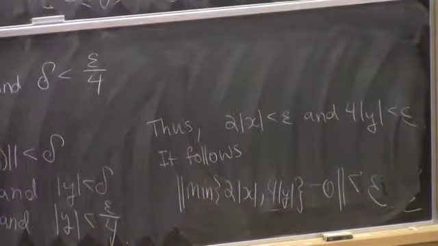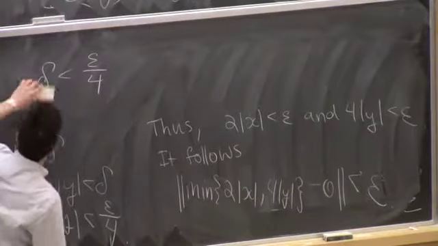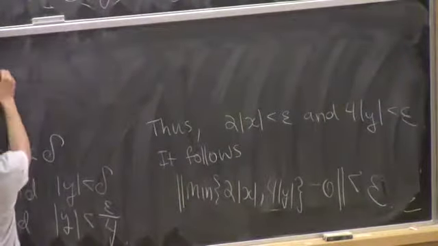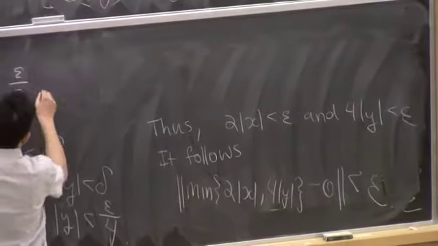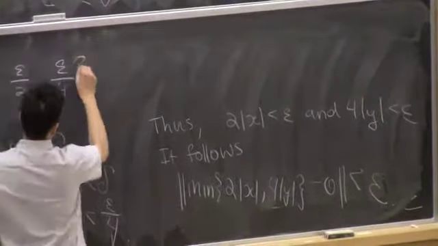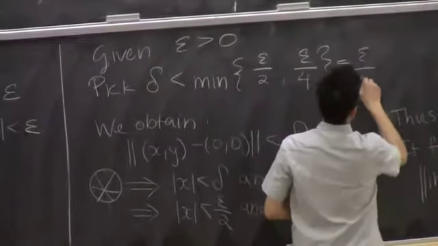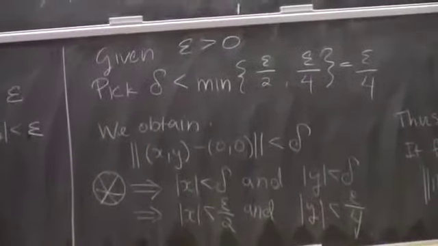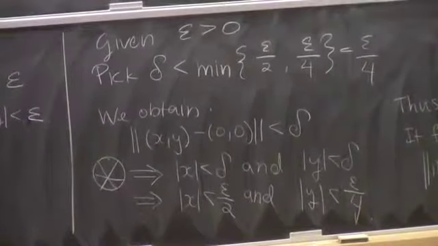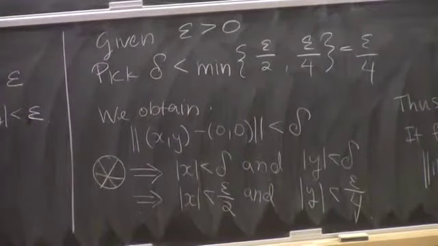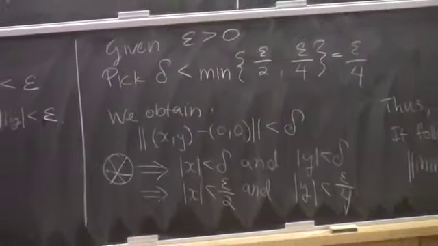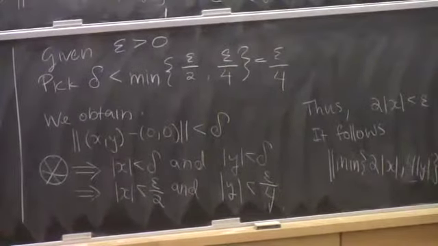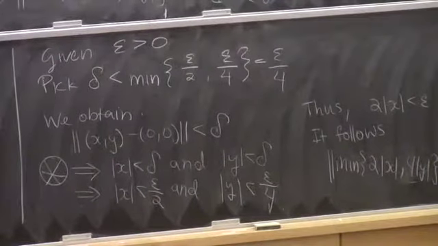I guess we could replace this with the minimum, and we know which one's the minimum. So we could just pick it less than epsilon over 4. That would give us this statement, and this statement, and then we'd be good to go.